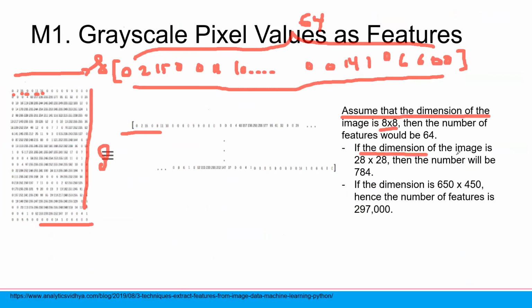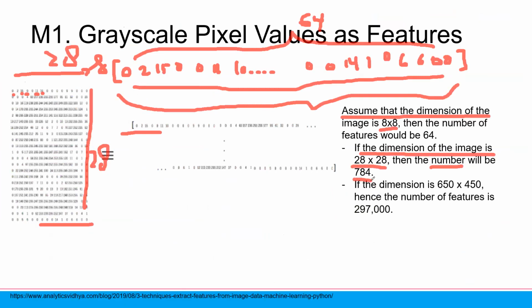If the dimension of the image is 28 multiplied by 28, as you can see in the figure, the width is 28 and the height is 28, then the total number here will be 784, which is 28 multiplied by 28.